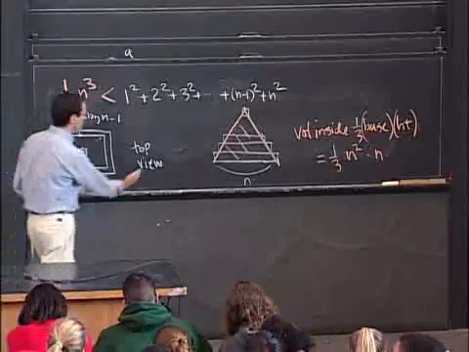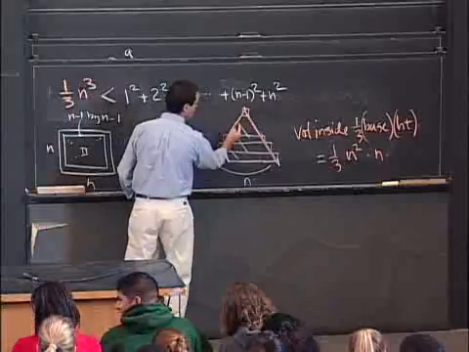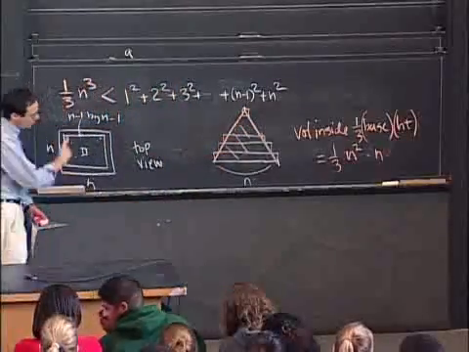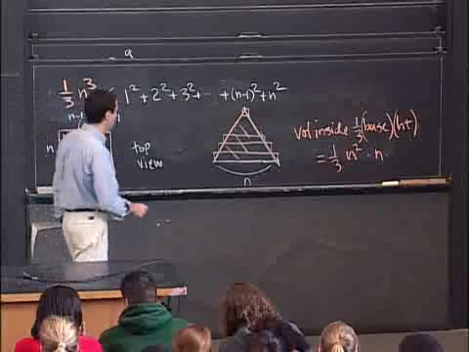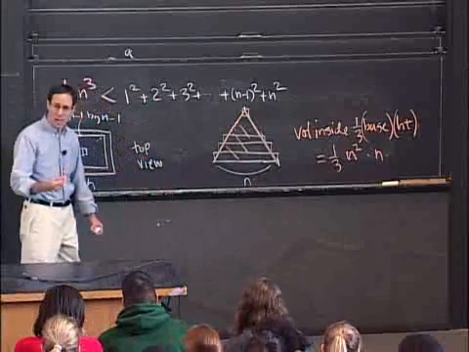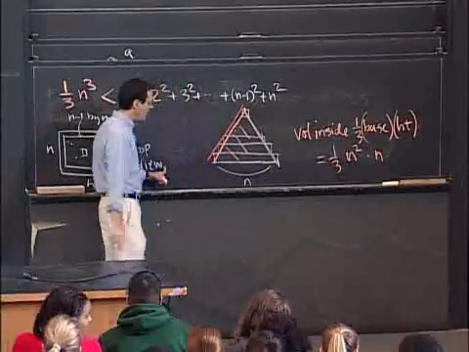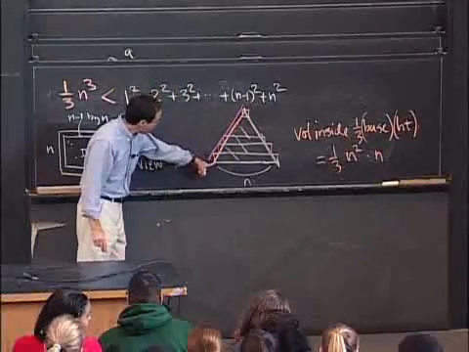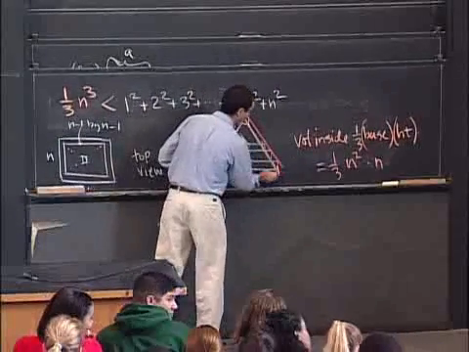Now, I claim that this line, by the way, has slope 2. So you go half over each time you go up 1. That's why you get to the top. On the other hand, I can trap it on the outside too by drawing a parallel line out here. And this will go down a half more on this side and a half more on the other side.